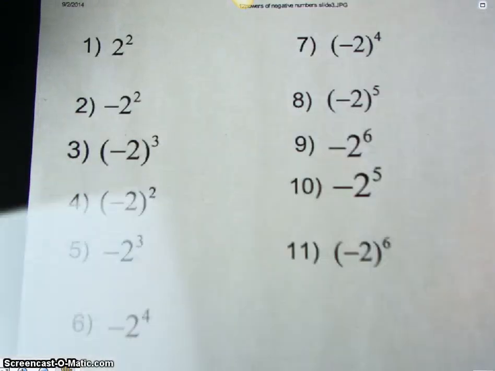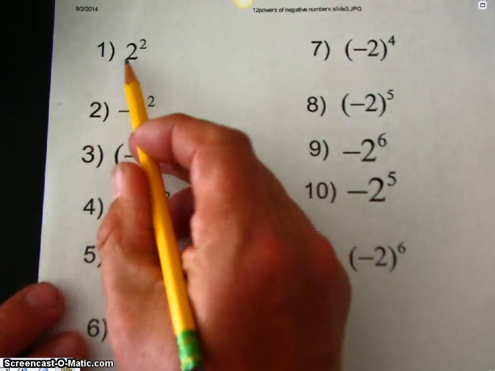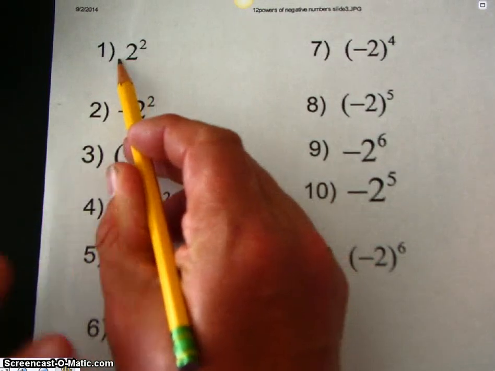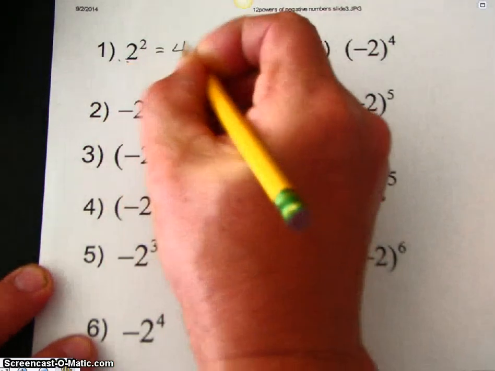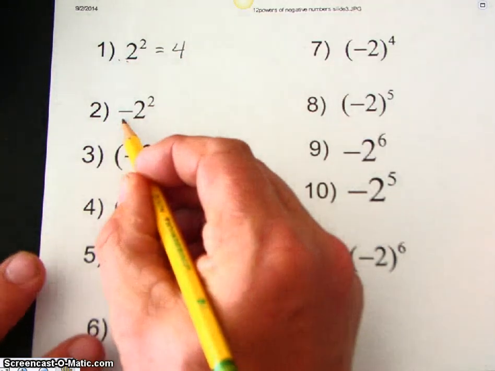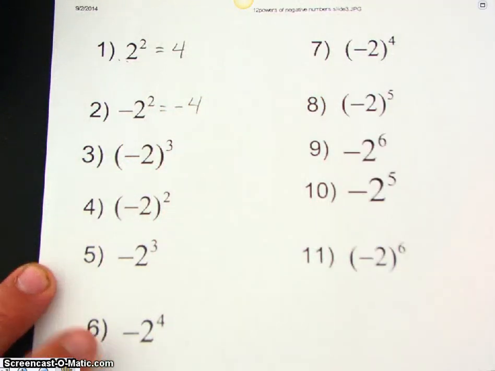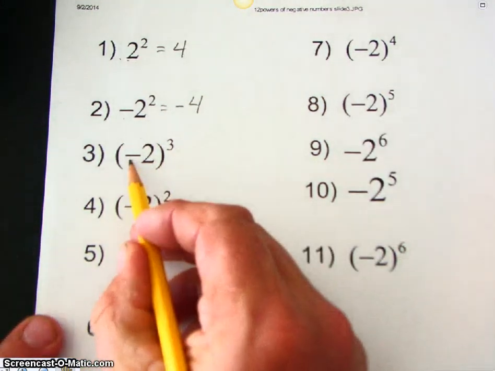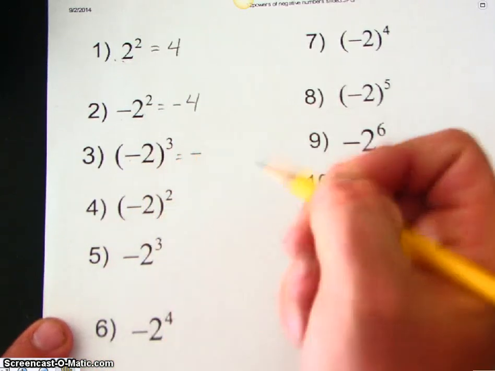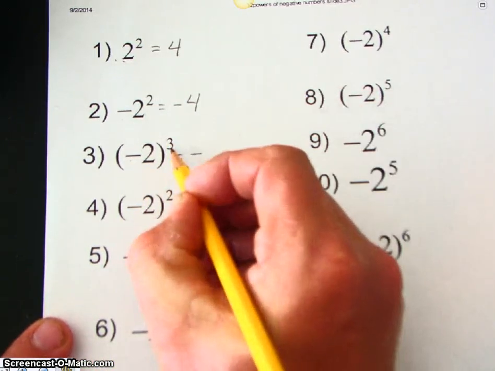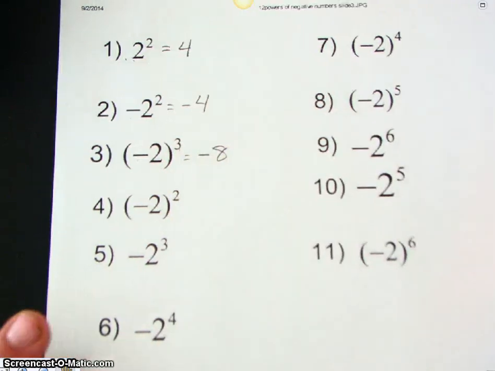All right, so let's do some more examples. Here there's no negative at all, so my answer is automatically positive, so 2 times 2 is 4. Negative is not in parentheses, so there's going to be -4. Number 3, the negative is inside, so I know my answer is going to be negative because the exponent is odd, so therefore 2 times 2 times 2 is 8, so my answer is -8.